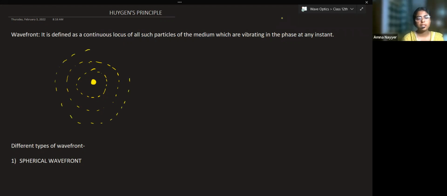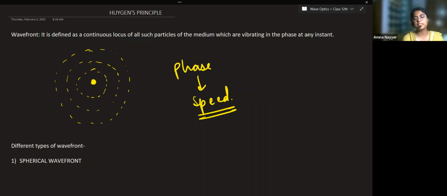So these are basically a continuous locus of particles, vibrating in the phase at any instant. In the phase means what? Phase basically means speed. Now, based upon their vibration, you have different types of wavefronts.